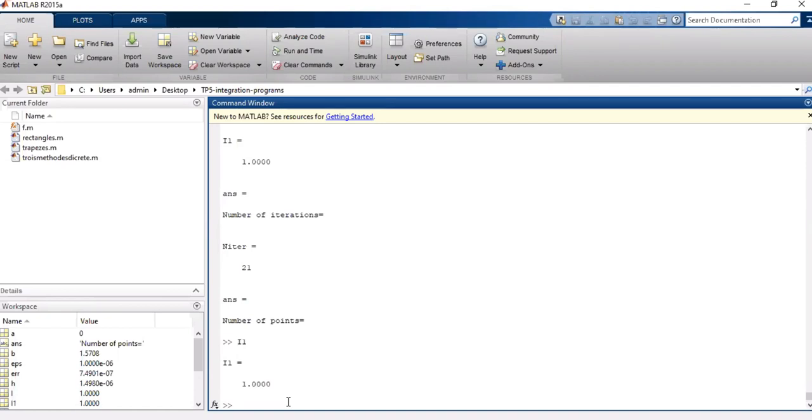Now let's look at the number of iterations. It's 21, right? Now let's change the A: instead of h f of a, let's input h f of a plus b over 2. Let's run it again and see what we get.